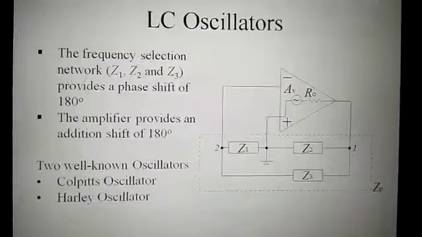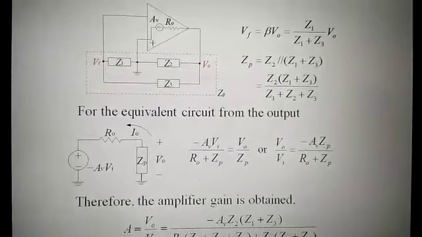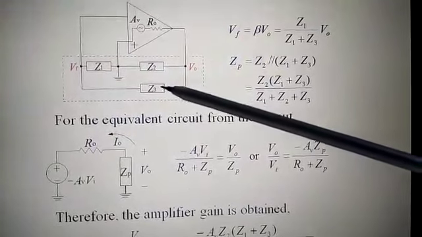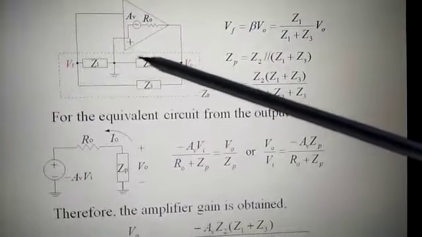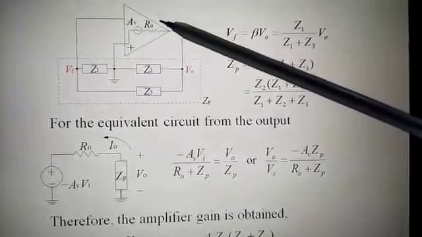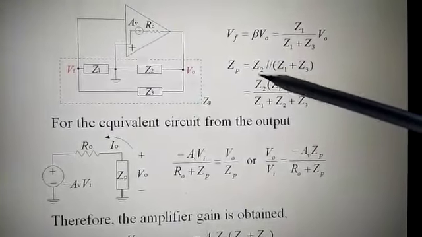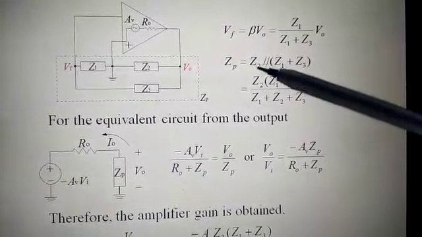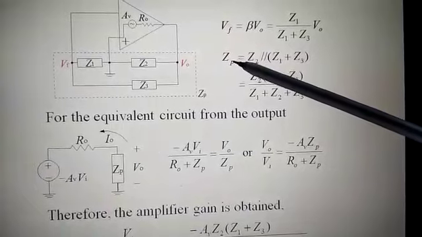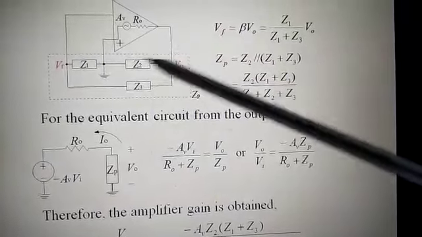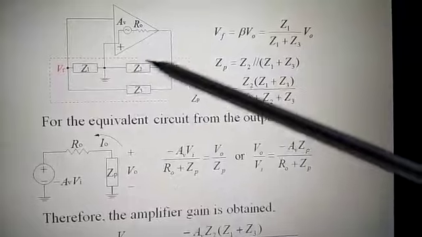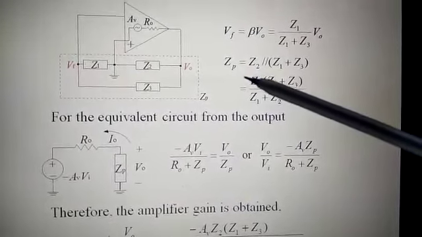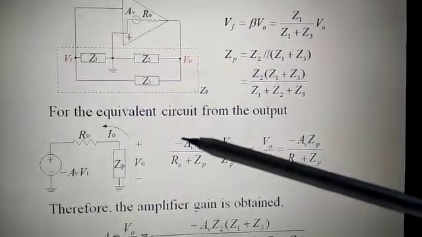This is the general diagram of the oscillator, where we have this tuned circuit, or you can say the frequency selective circuit, and this is the amplifier. Then we can calculate the impedance here as ZP. This ZP is shown here, and this is the feedback voltage VF. ZP is the equivalent impedance of the tuned circuit.